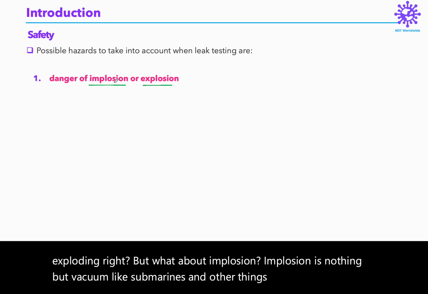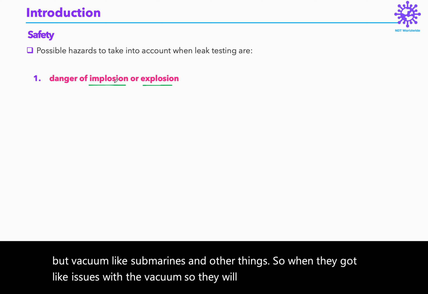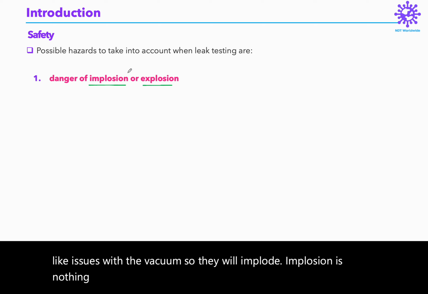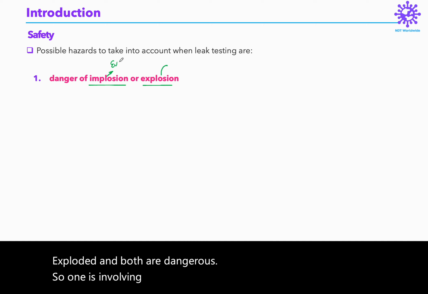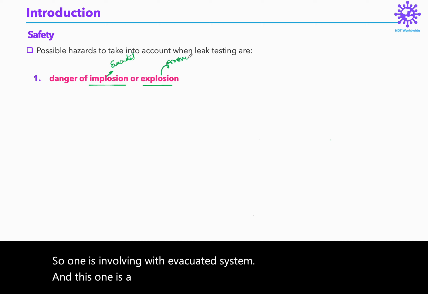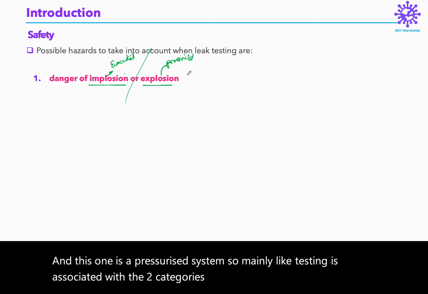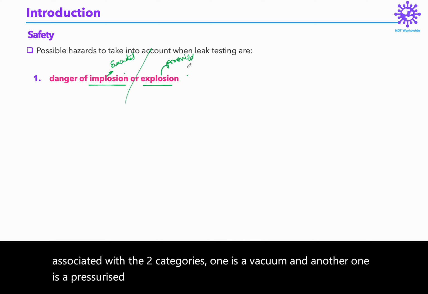When they get issues with the vacuum, they implode. Implosion is the opposite of explosion, and both are dangerous. One involves an evacuated system, and this one is a pressurized system. So mainly leak testing is associated with two categories: one is vacuum and another one is a pressurized system.